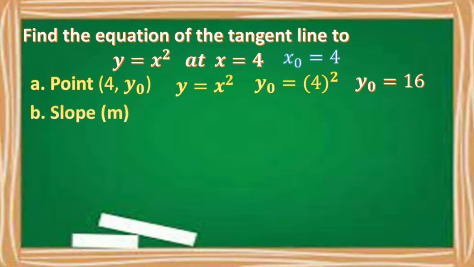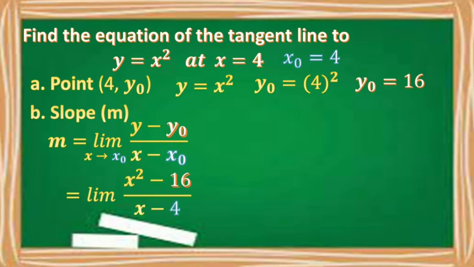Now, finding the value of m, we have m is equal to the limit of y minus y sub 0 over x minus x sub 0 as x approaches x sub 0, which is equal to the limit of x squared, being the value of y, minus 16, being the value of y sub 0, over x minus 4, being the value of x sub 0.